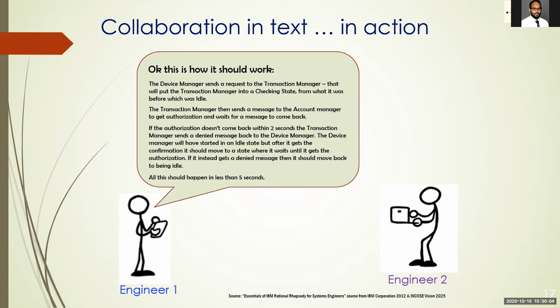The device manager sends a request to the transaction manager that will put the transaction manager into a checking state from what it was before, which was idle. The transaction manager then sends a message to the account manager to get authorization and waits for a message to come back. If the authorization doesn't come back within 2 seconds, the transaction manager sends a denied message back to the device manager.